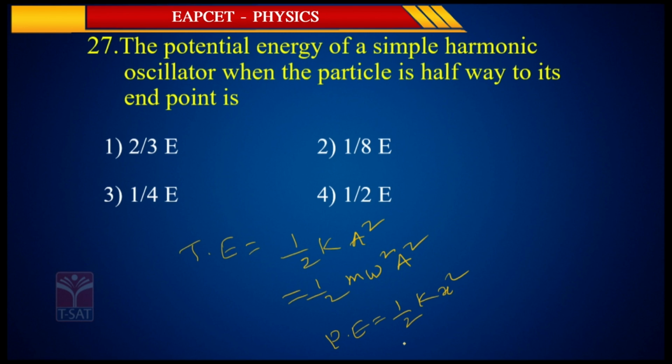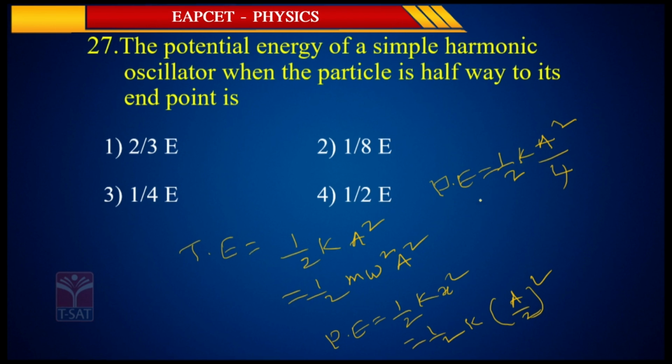Here, what is the value given in this question? The potential energy of a simple harmonic oscillator when the particle is halfway to its end point. You substitute x as A by 2, A by 2 whole square. Then what is the equation? Potential energy is equal to 1 by 2 K A square by 4.